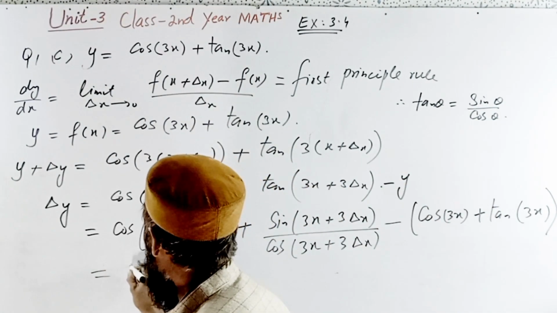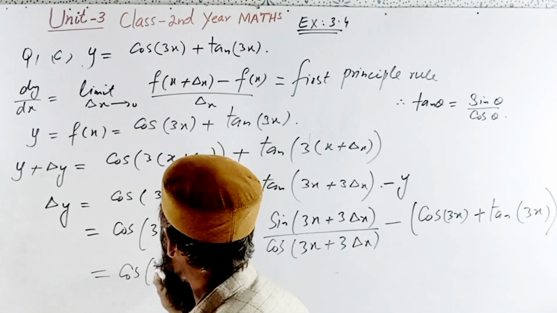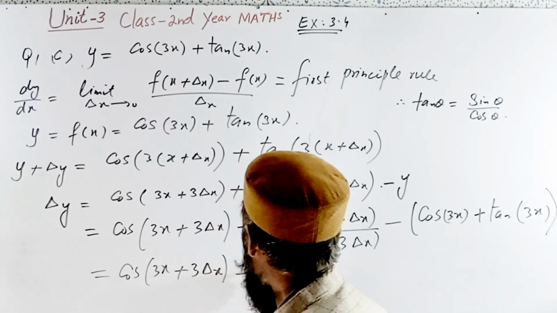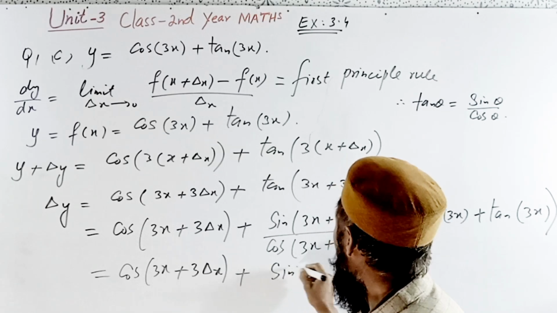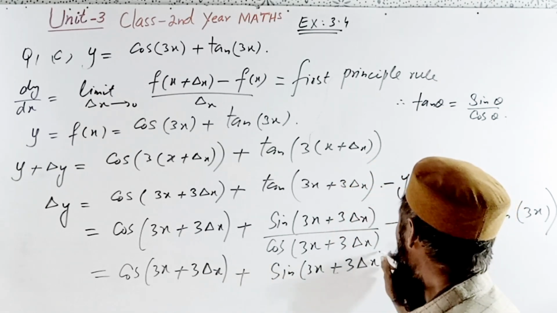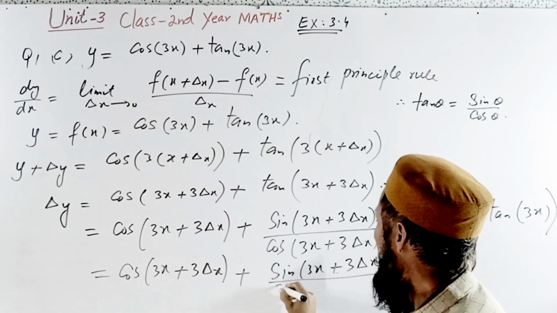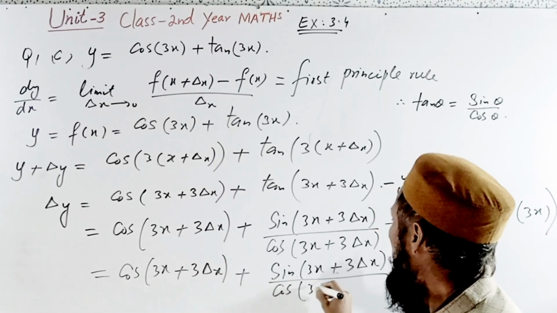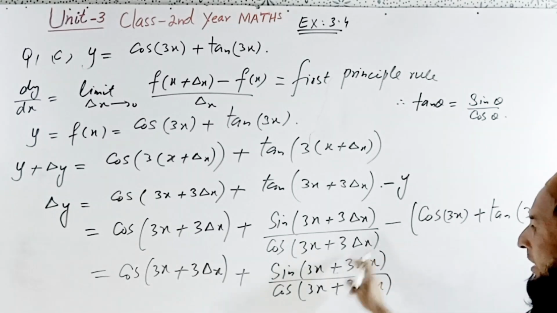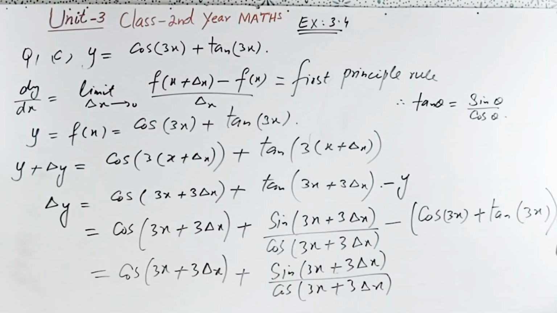Here we take cos of 3x plus 3 delta x plus sine of 3x plus 3 delta x divided by cos of 3x plus 3 delta x. We cannot cancel this because the argument is theta.